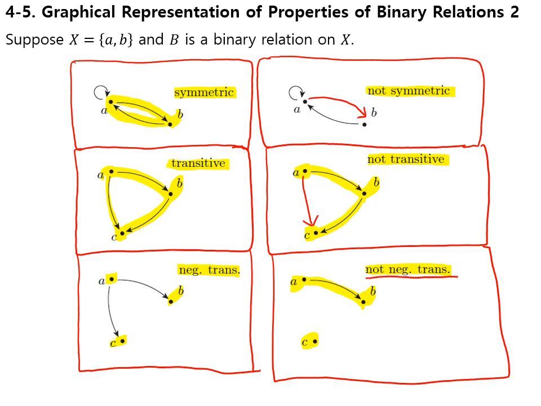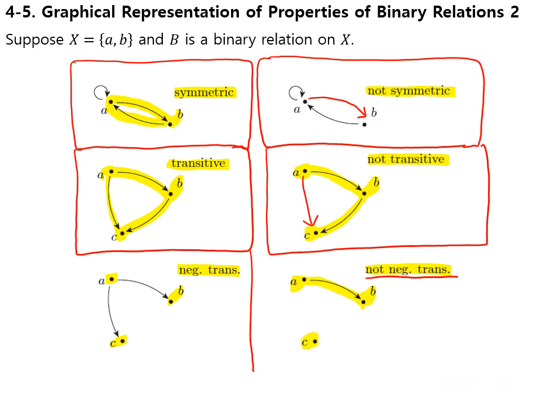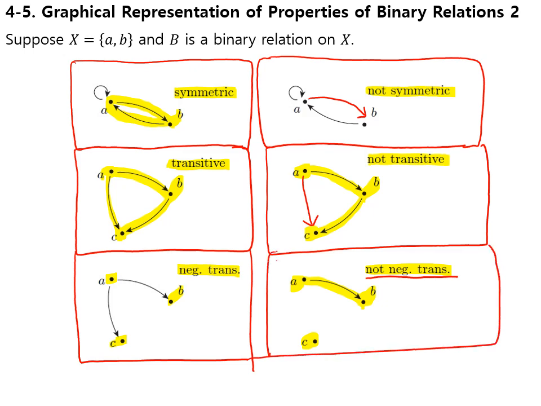So we can see that the original definition of negative transitivity is a little bit cumbersome to actually apply. So that is why, as we will prove a little bit later, there is a much easier way to check negative transitivity. Okay, and we'll later see what that is.